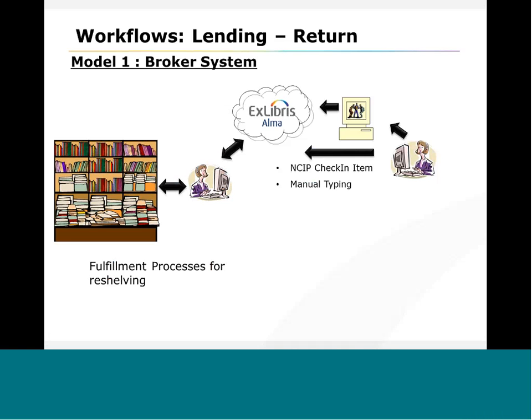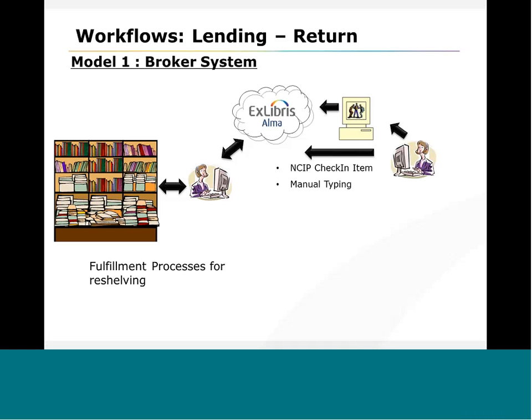Just to summarize it in two sentences, if there is a broker system and that broker system supports the NCIP protocol as it is supported by Alma, integration may be seamless. The resource sharing operator may be working at the broker system, doing all the actions at the broker system, which notifies Alma of the fact that there is a request and there are changes in the status of the request.